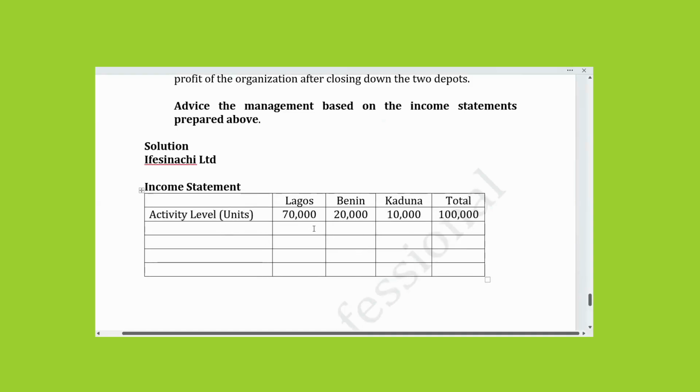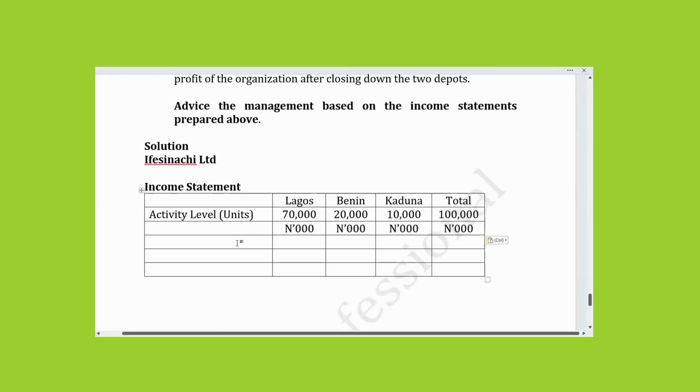So then you indicate your Naira sign. Let's restrict our numbers to thousands to make life easier. So we then start.